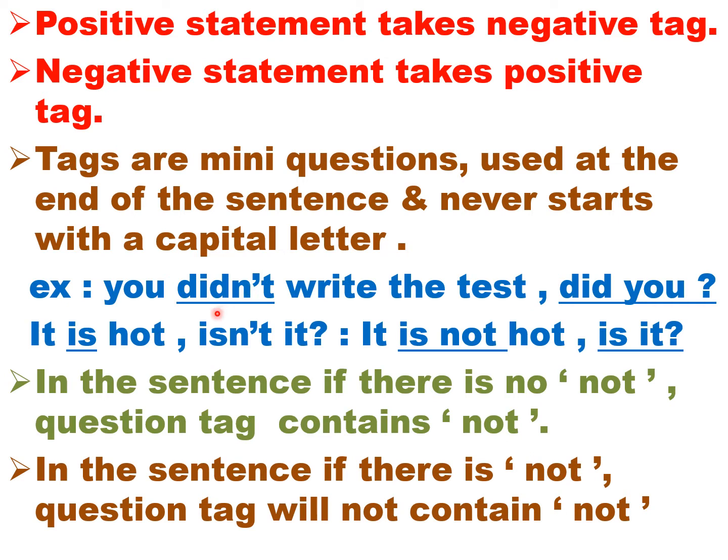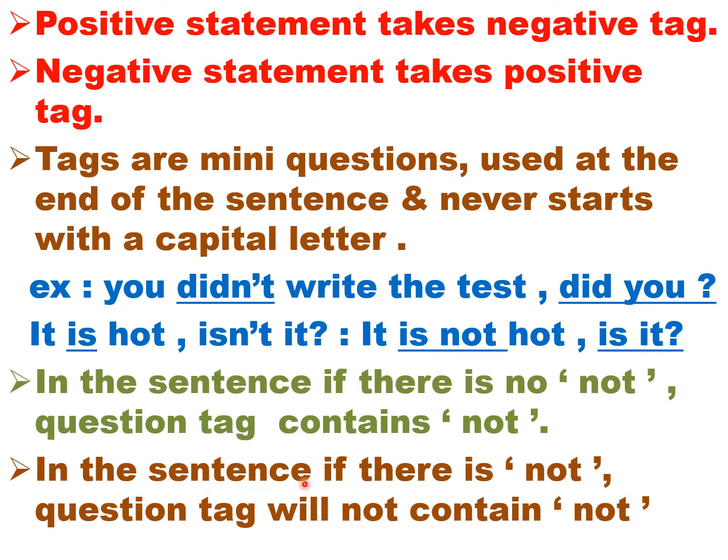A positive statement takes a negative tag. See this example. It is hard. This is a positive statement and so this tag is negative, isn't it? It is not hard. This sentence is negative, so we must not use not in the tag. So if there is no not in the sentence, the question tag contains not.